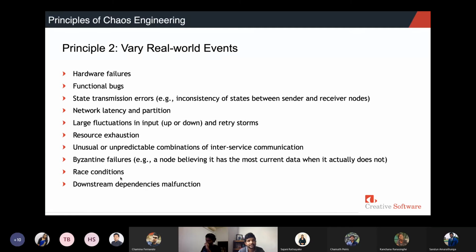We have seen race conditions a lot. If we have multiple requests and we are using the same database connection, or different databases, we can see these kinds of problems. But can we really test these using regular testing approaches? No, these are experiments that need to run continuously, detect continuously and fix continuously. So this is why you need to vary real world events.